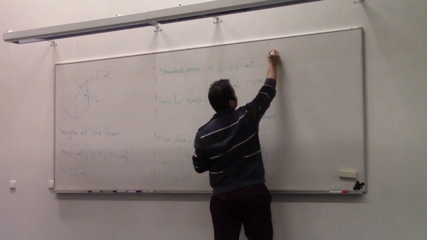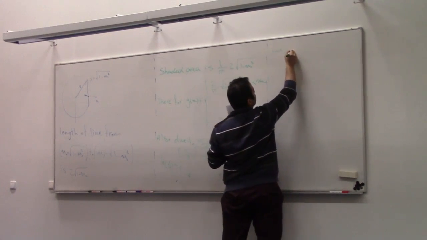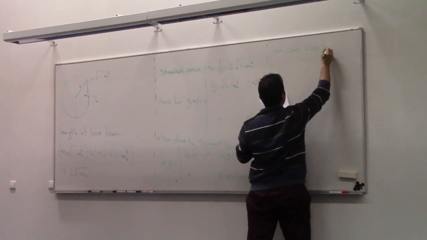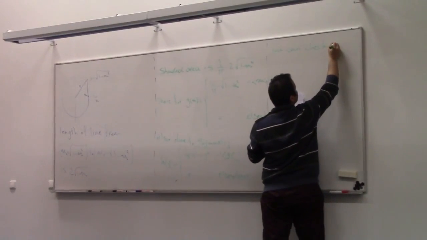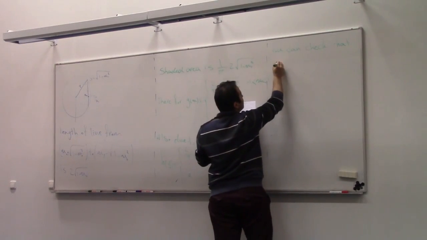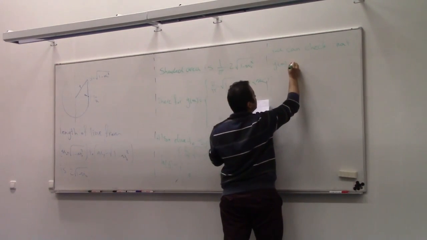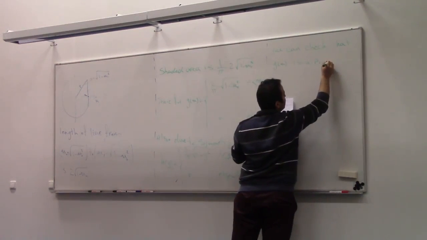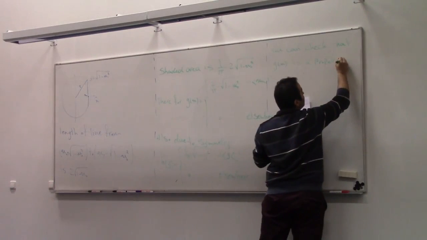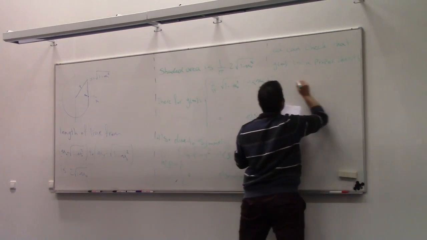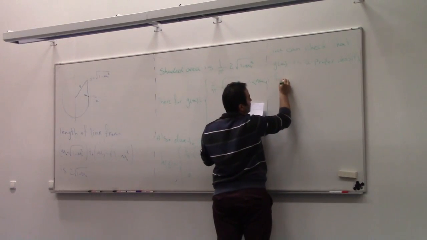And you know that you can check that J(x) is a proper density function.